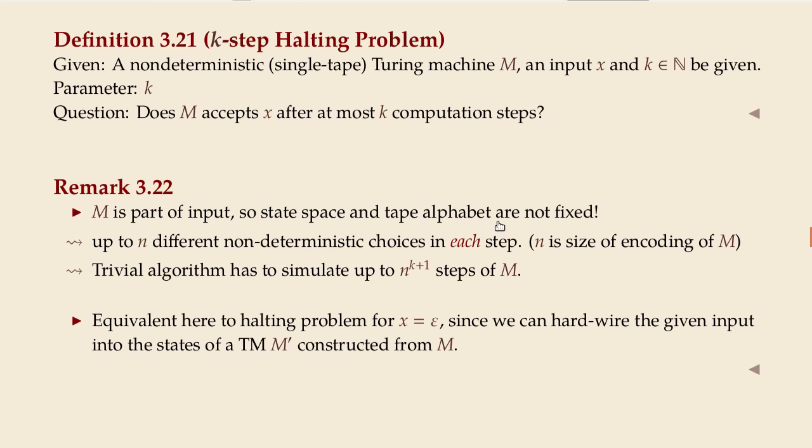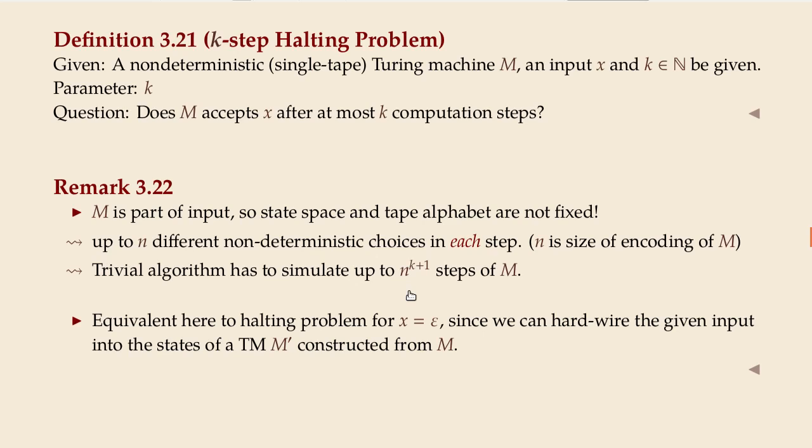So that means there's not only a constant number of different steps it can take in each time step, but we can have up to n different non-deterministic choices. And if we want to simulate k of these, maybe one more to check if none is accepting, then we have a running time like n to the k.